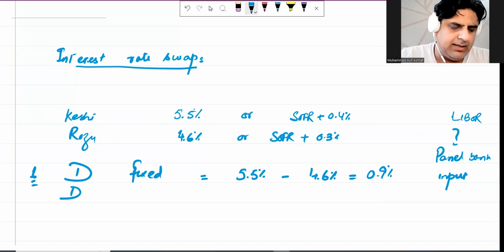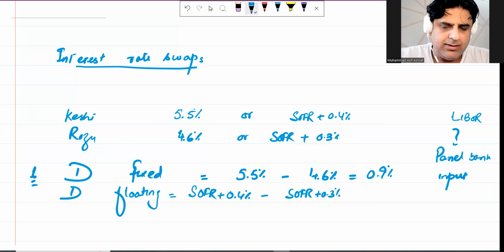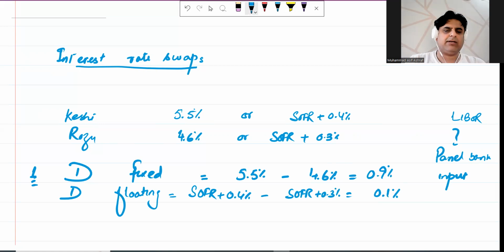Now similarly calculate the differential for the floating rate. It is the company's SOFR plus 0.4 and Rosu's SOFR plus 0.3. So basically here we have a difference of 0.1%, because the company can borrow at SOFR plus 0.4%, whereas Rosu can borrow at 0.3%.